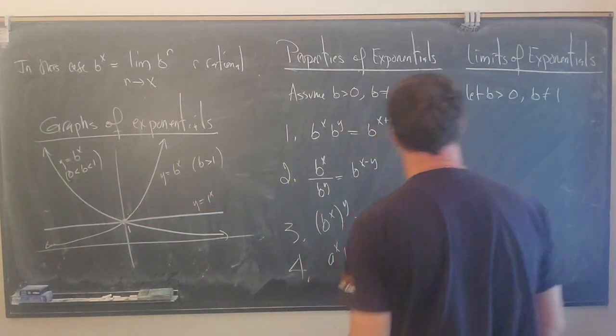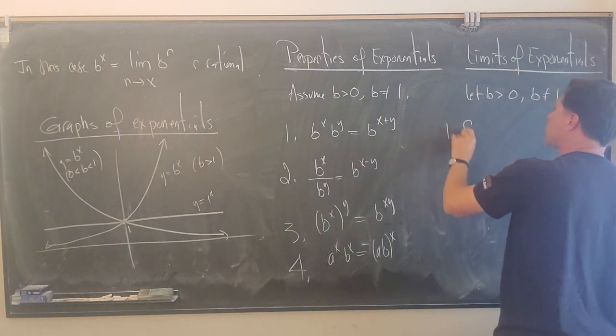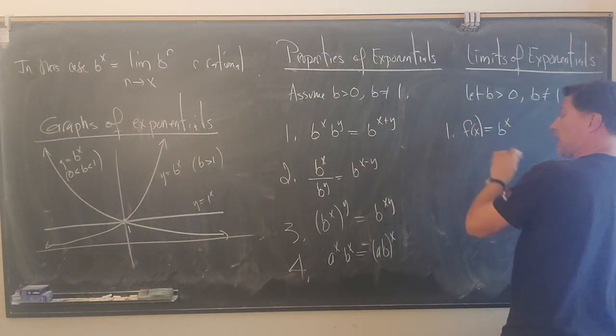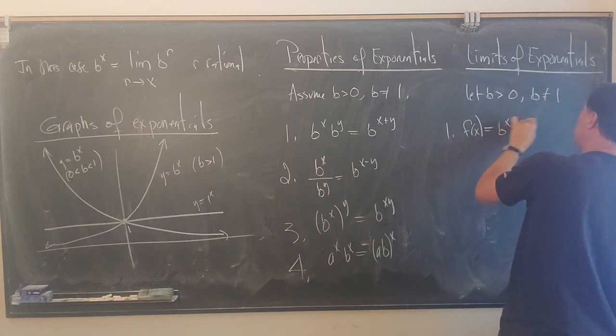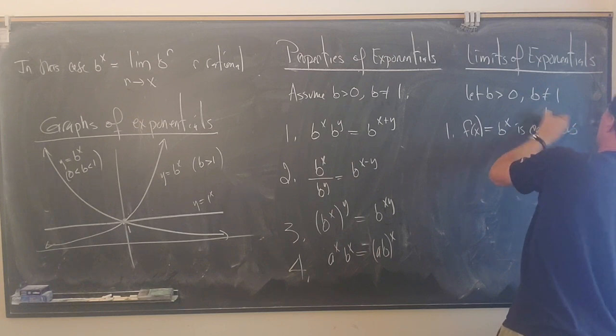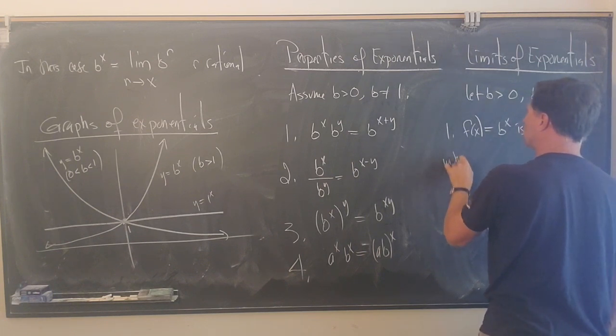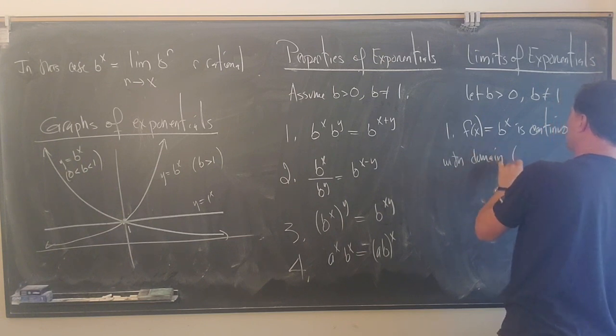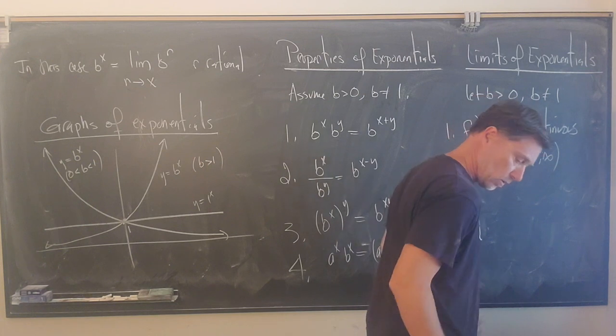The first one, the function f of x equals b to the x, so our exponential function, is continuous with domain. So the domain of the exponential function is all real numbers, so minus infinity to positive infinity.